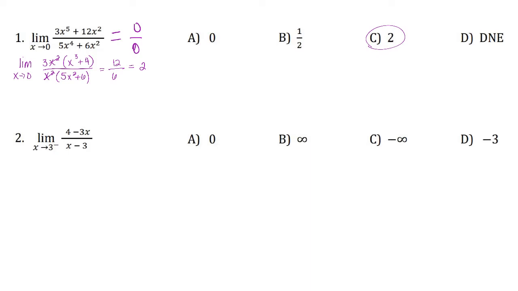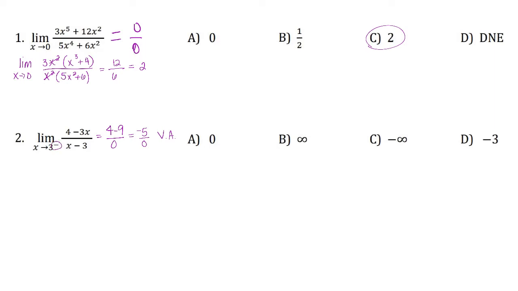All right, moving on to the next question. This one is a one-sided limit. And again, if we plug in 3, we're going to have 4 minus 9 in the numerator over 0. So here I have negative 5 over 0, which is a vertical asymptote. We know something is going on around 3.